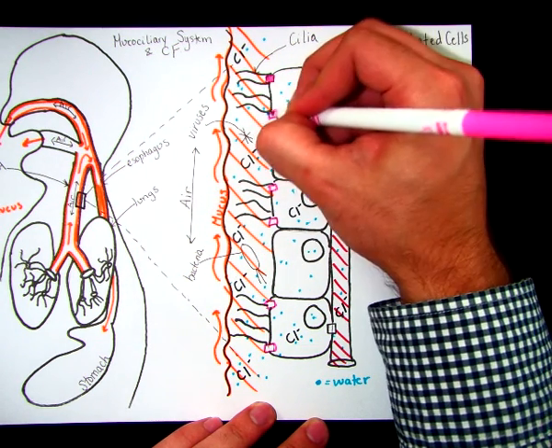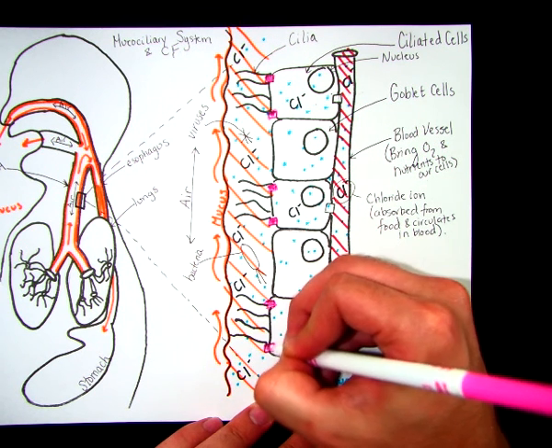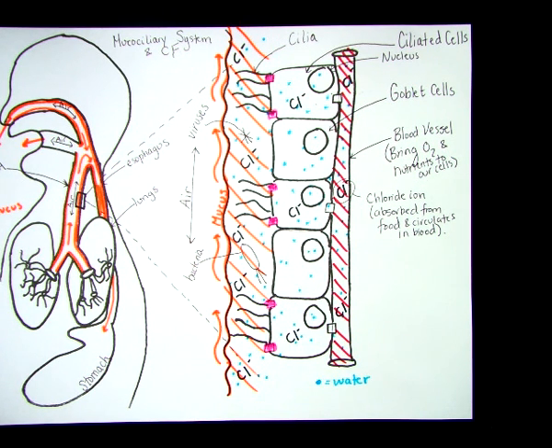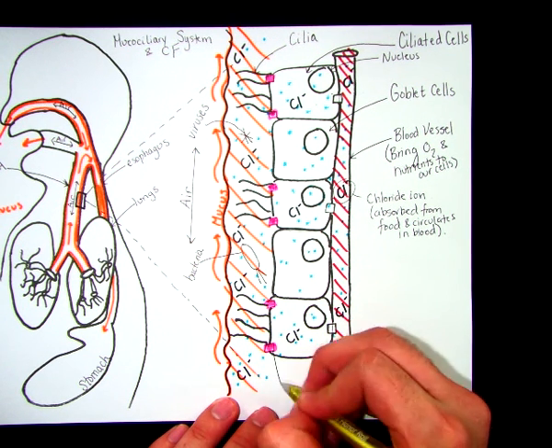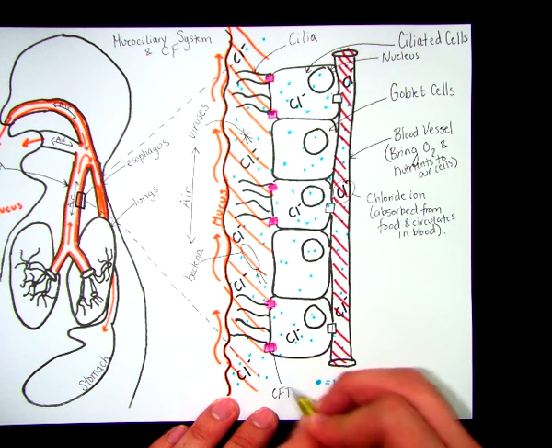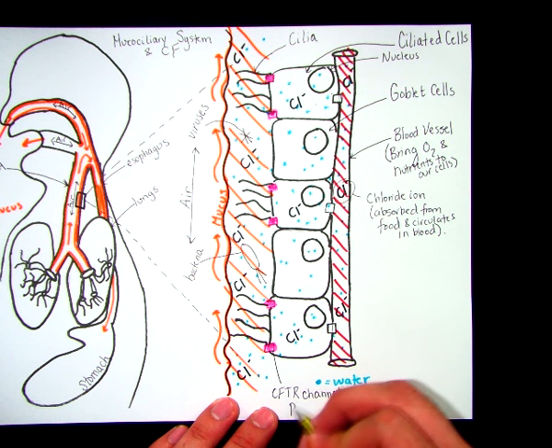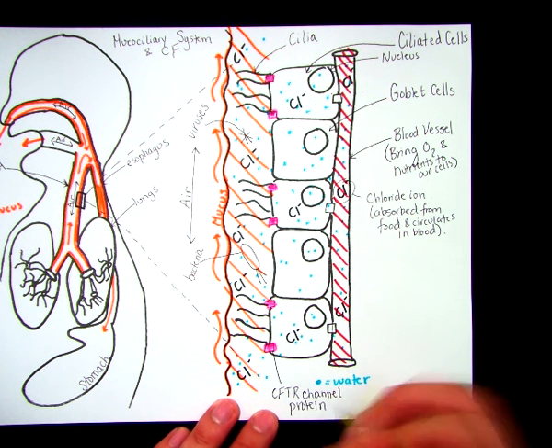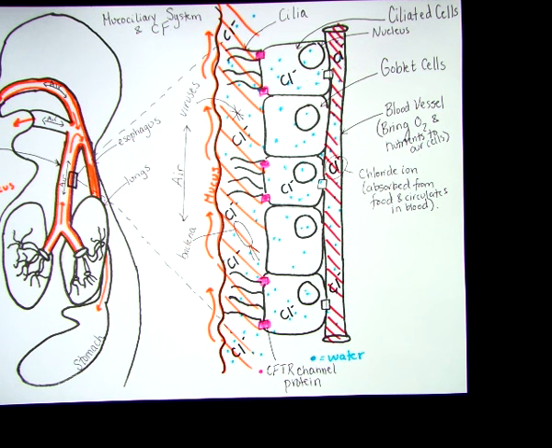So on the mucus side of the ciliated cells, these membrane proteins are called CFTR. And these are our channel proteins. CFTR channel protein. On the bloodstream side, this is something different.